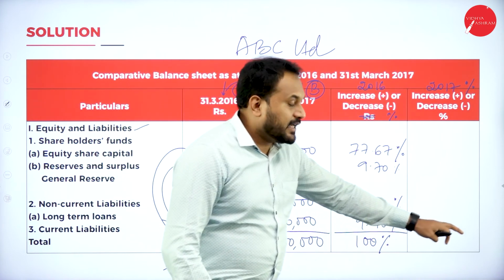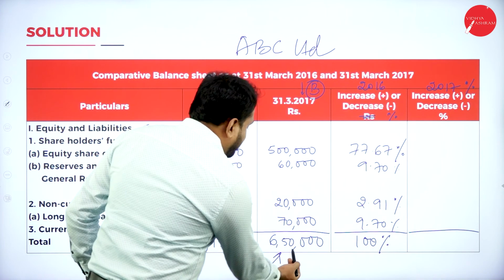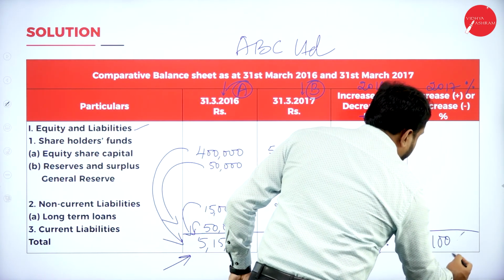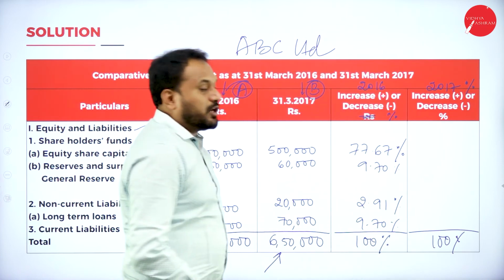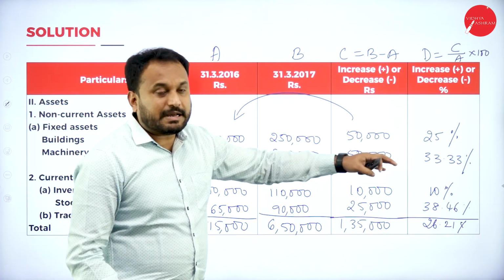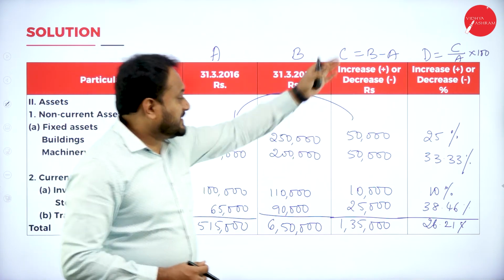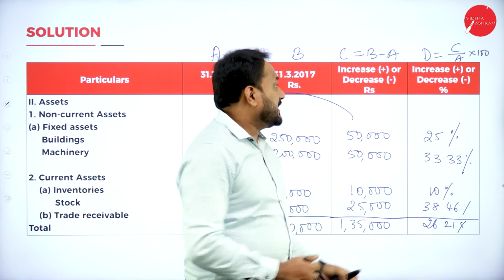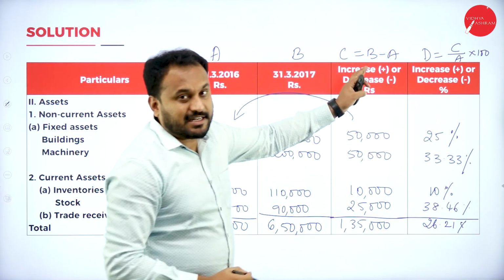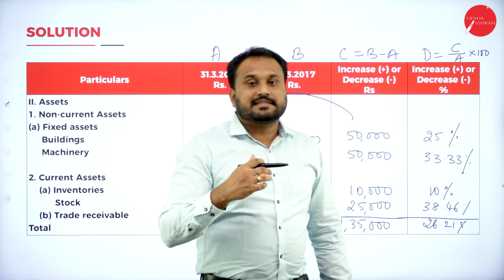And the total, 6,50,000 divided by 6,50,000 into 100, again 100%. This is what you need to do. And here also you need to go with a comparative statement. If you erase the comparative statement's two lines and put percentage here, 2016% and 2017%, here also you do the same thing.